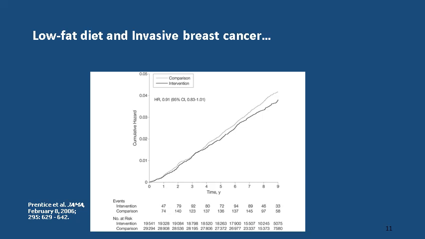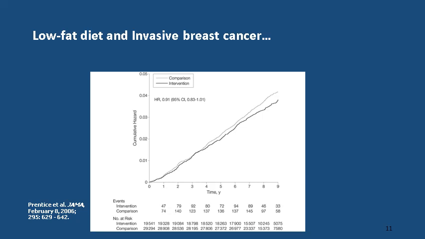Those who were taking a low fat diet had lower hazard. That means development of invasive breast cancer was lower in the intervention group with a low fat diet. The other comparison group had a higher invasive breast cancer hazard.